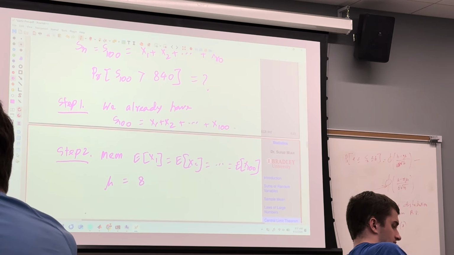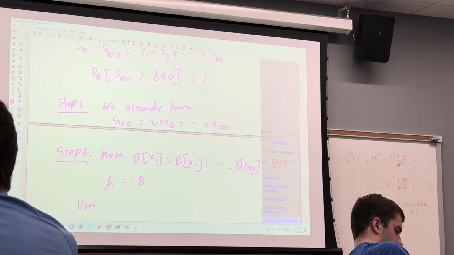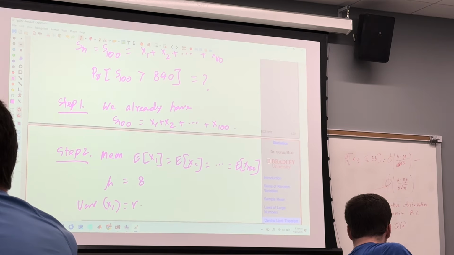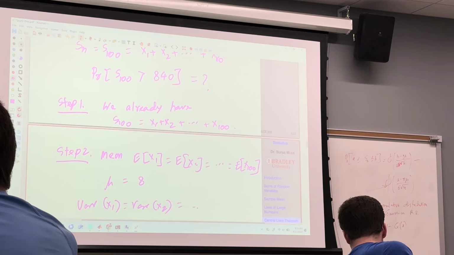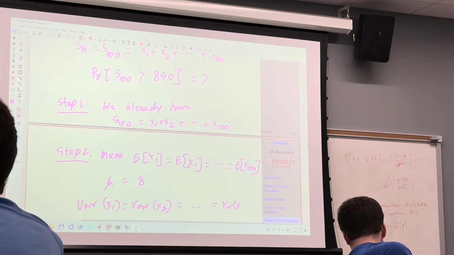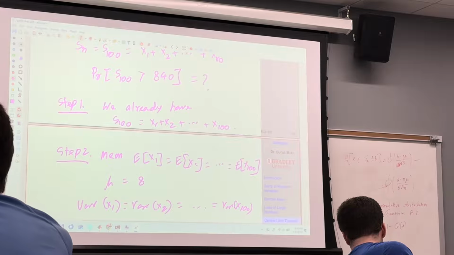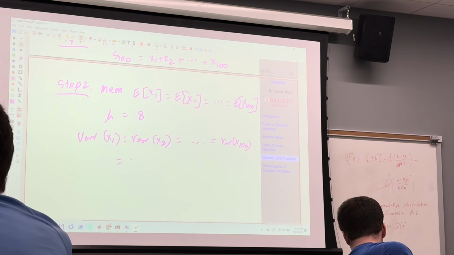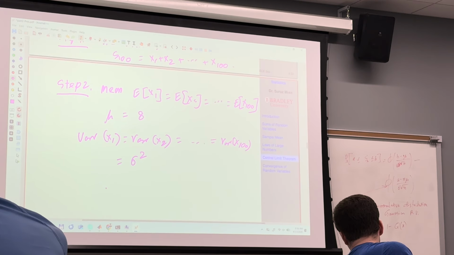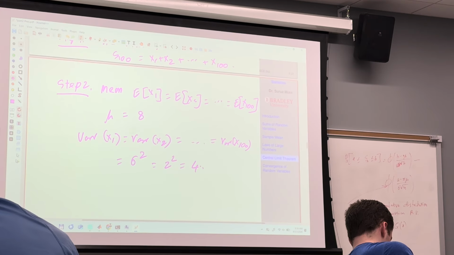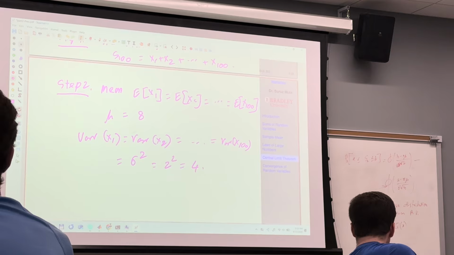And the variance of x1 equals variance of x2 equals dotted equals variance of x100 equals sigma squared, which is 2 squared, which is 4.